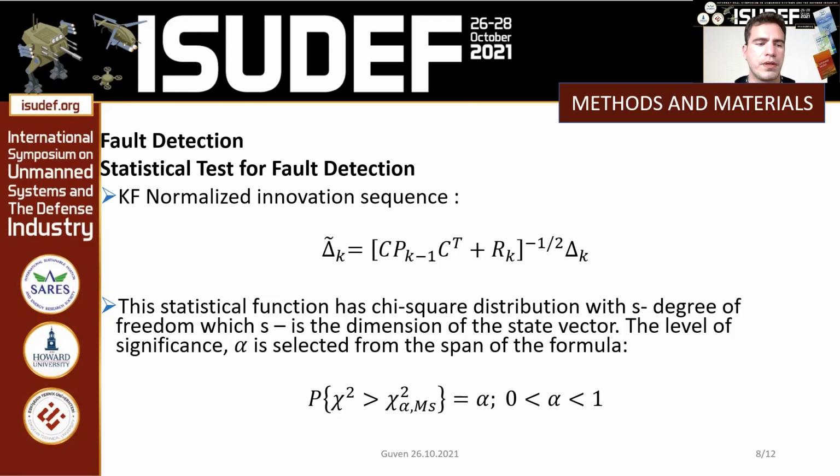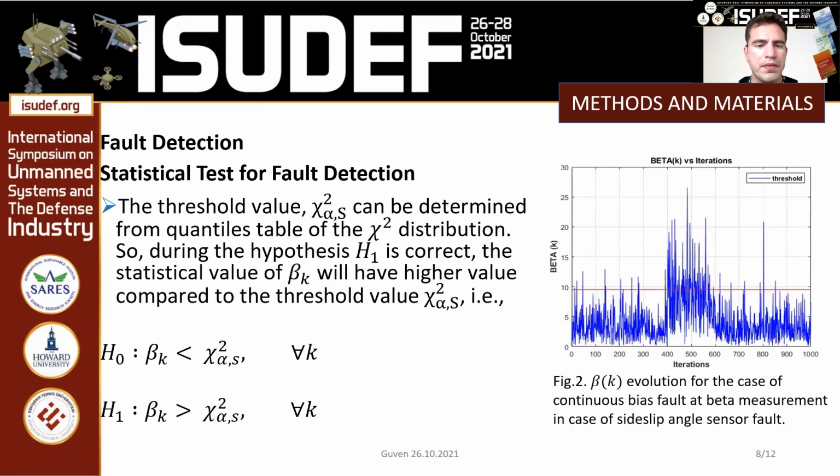And the level of significance alpha is selected from the span of the formula. Here we took 0.95, and the threshold value is determined from the quantile table of the chi-square distribution.